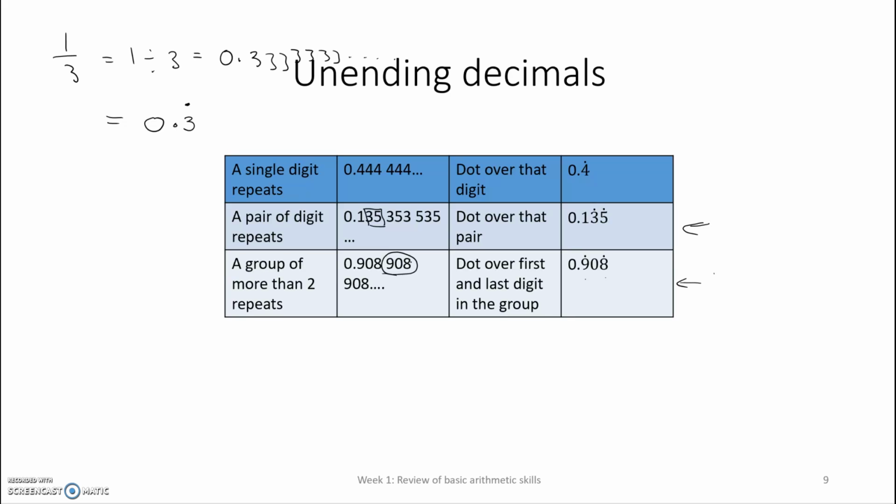But for this one, you don't write it as 0.908... You don't write it like that. There are some textbooks that write it like that. I'd prefer it if you wrote a 9 and the 8 with a dot, but some textbooks write it like that, but definitely not like that.